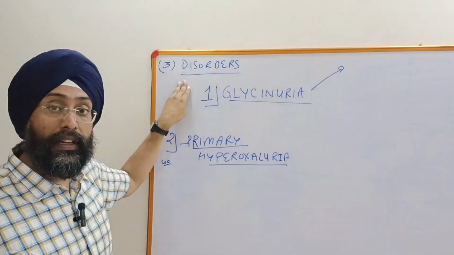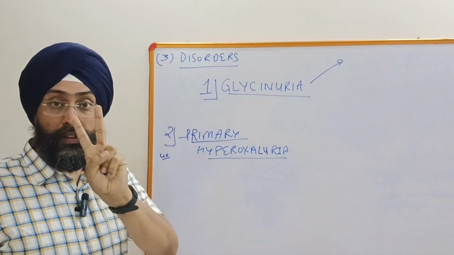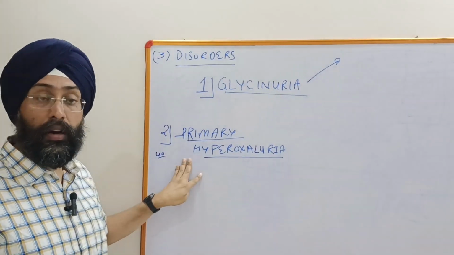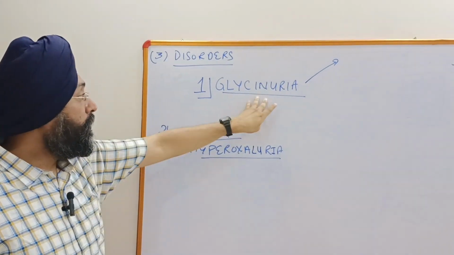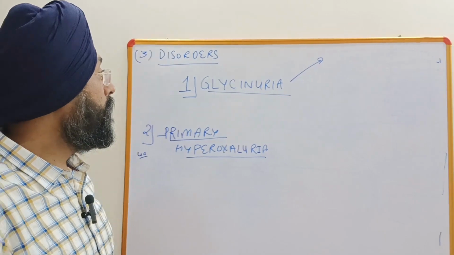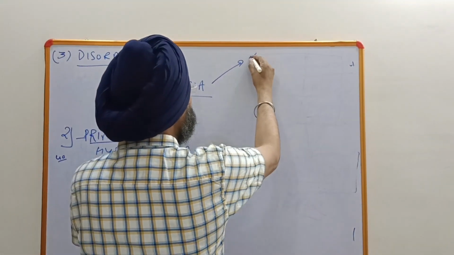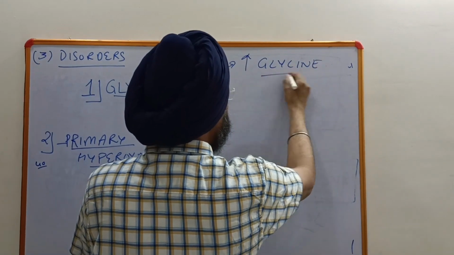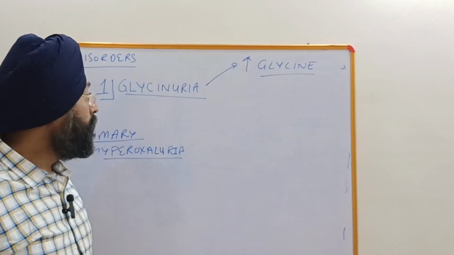Now we will start with disorders of glycine metabolism. There are two major disorders. First is glycinuria and the second is primary hyperoxaluria. In glycinuria, there is increased secretion of glycine in urine.